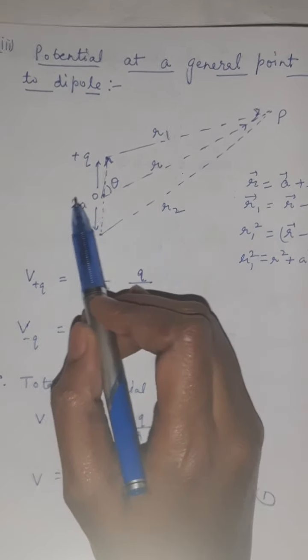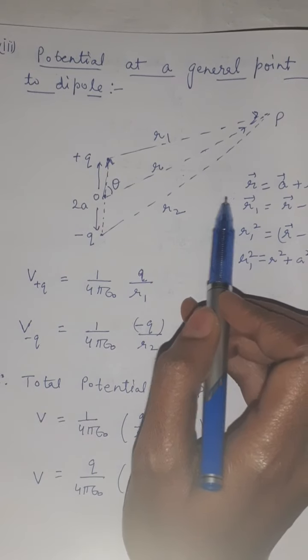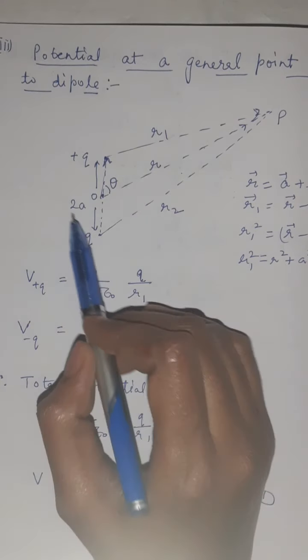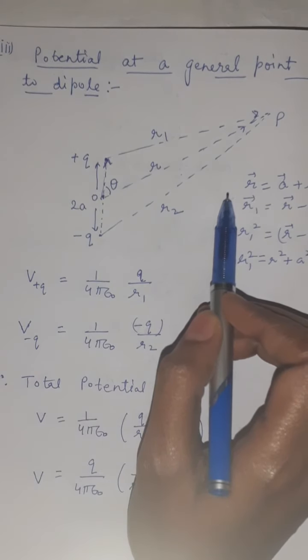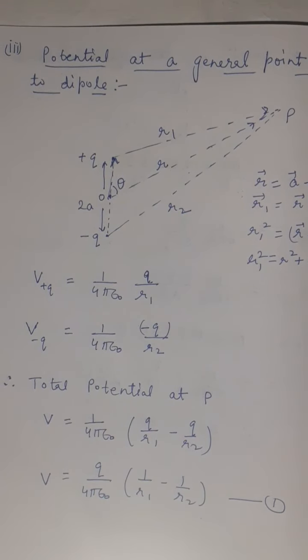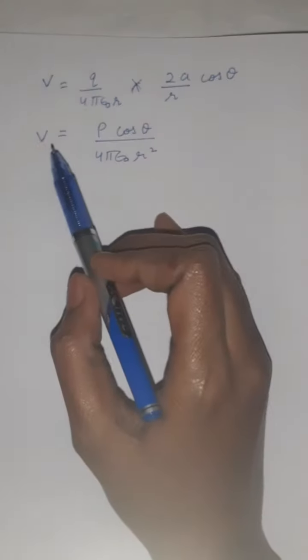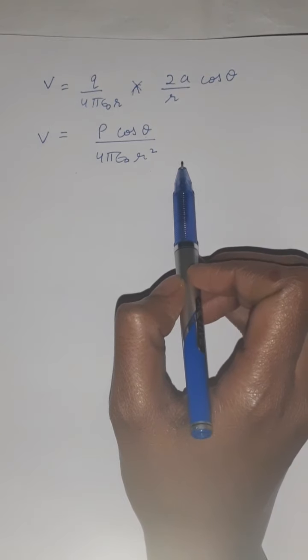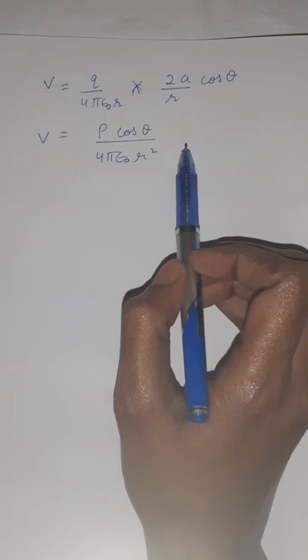At this equatorial line, theta is 90 degrees, then cos 90 will be 0, and the total potential at the equatorial point will be 0. So this formula for the general point, we can convert into the first and second cases as well.